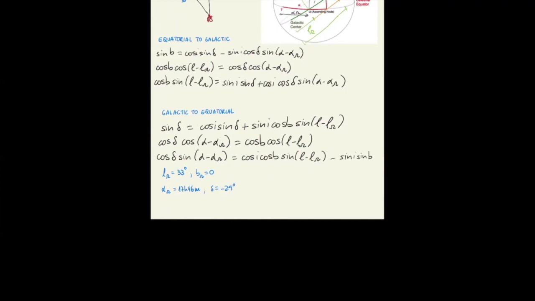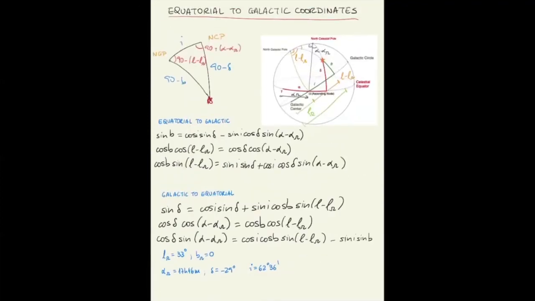The inclination of the galactic circle is 62 degrees and 36 minutes. So these complete the coordinate transformations.